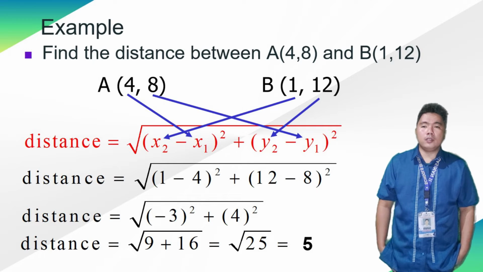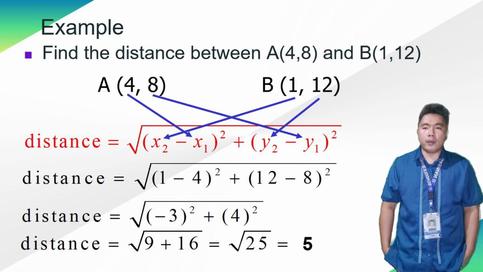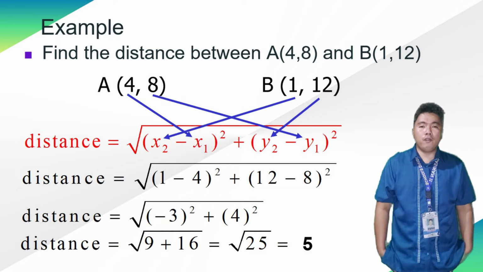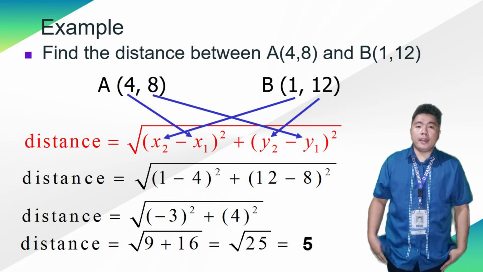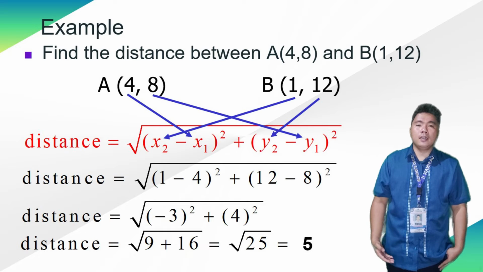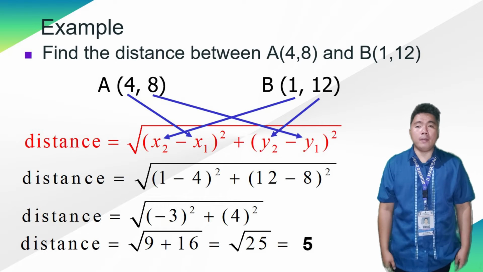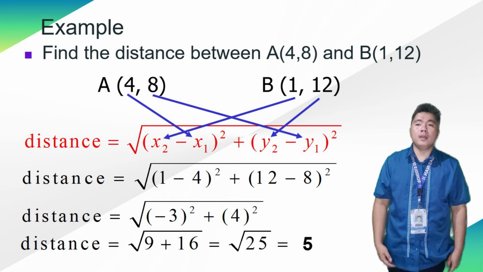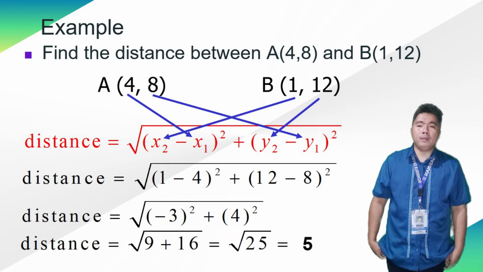So we have the square root of the quantity of negative 3 squared plus the quantity of 4 squared. And again, by simplifying that, distance is equal to the square root of 9 plus 16, which is equal to the square root of 25. And the square root of 25 will be 5.